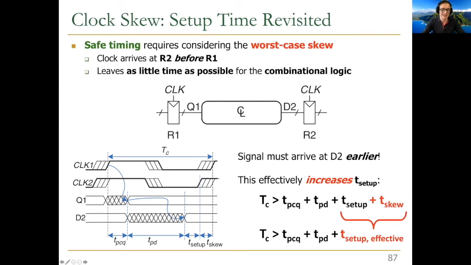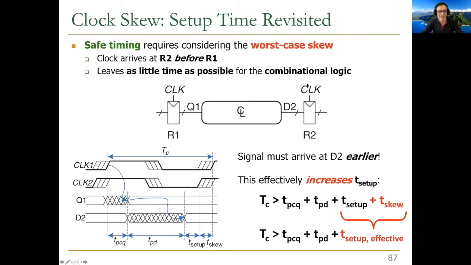Basically, your effective setup time is not just the setup time, but the skew at which the clock arrives. Because the clock is arriving early at register 2, your aperture time or setup time is really increasing at R2.